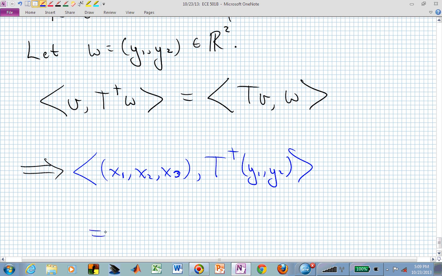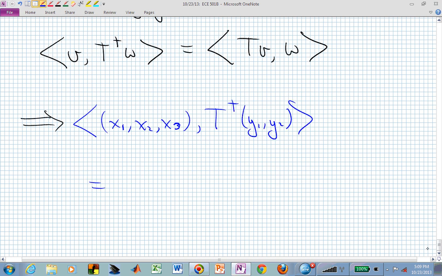operating on y1, y2, something in 2 space. But that's supposed to equal, by that black line up there now at the top of the page, T of x1, x2, x3, or the linear map applied to a vector V in R3, inner product with W, which we've parameterized as y1, y2.